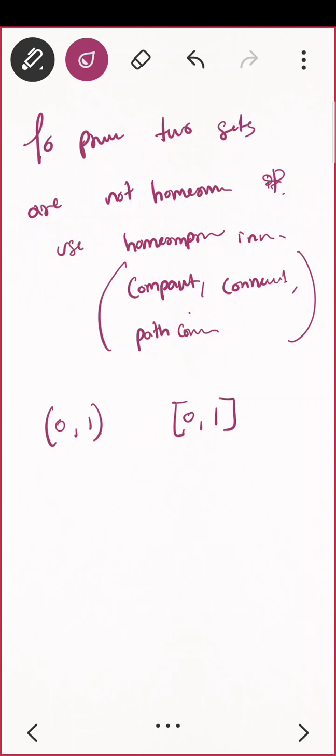I don't know why you are taking so much time, but you can easily see this one is not compact, this is compact, correct? What do you mean by compact? It should be closed and bounded, correct?